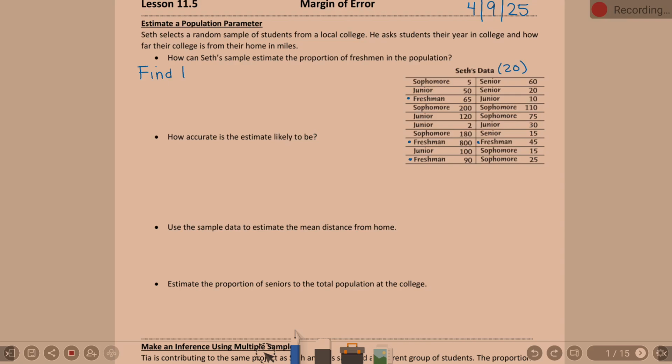I'm going to say find the proportion of freshmen in the sample as an estimate of the population.